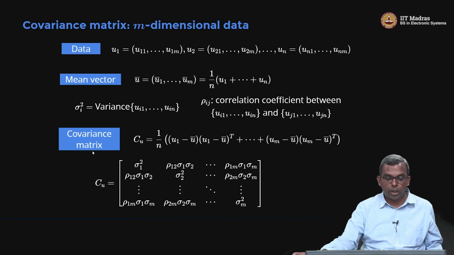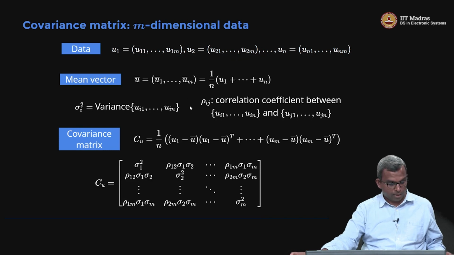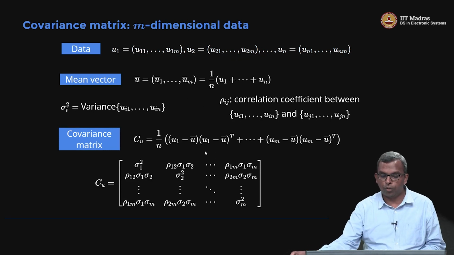Okay, so what is my covariance matrix? All these variances will appear on the diagonal, sigma 1 squared, sigma 2 squared, sigma m squared, right? So all the diagonal elements will be just the same element squared. You add them all up, divide by n, you will get the variances of the centralized data. If you do this very carefully, you notice that the diagonals are all the variances, and if you look at the off diagonals, you will get rho ij multiplied by sigma i sigma j.